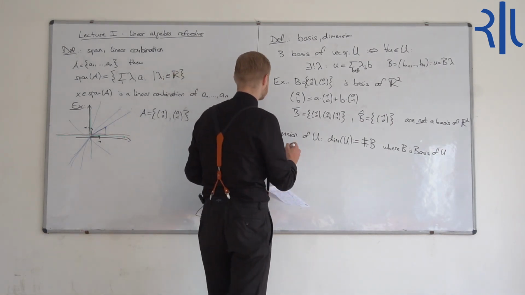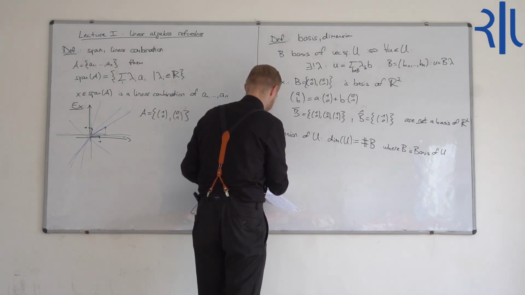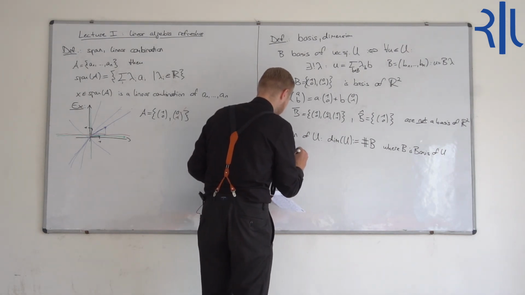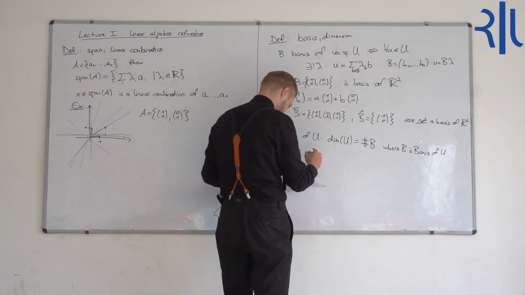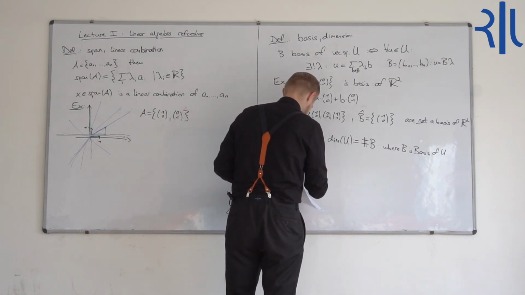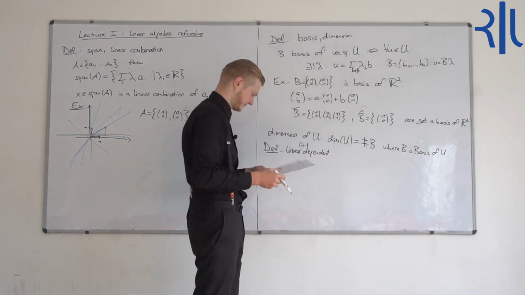A set of vectors is called linear dependent, or independent.